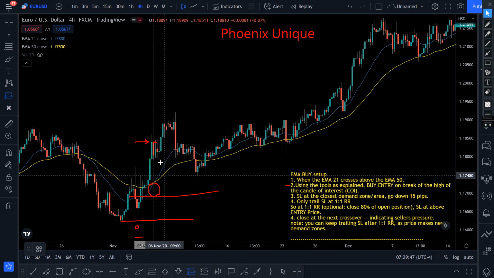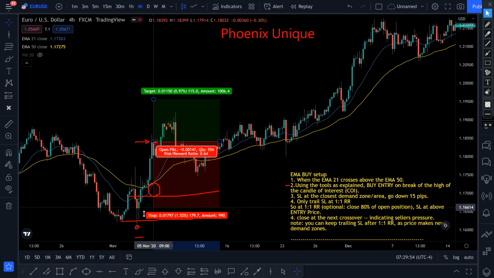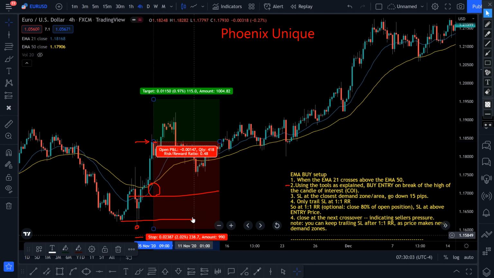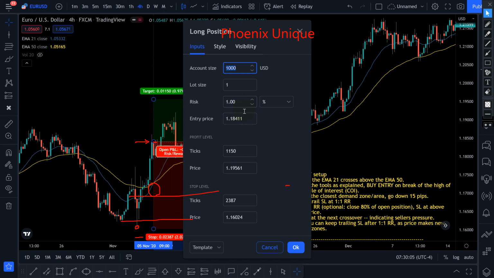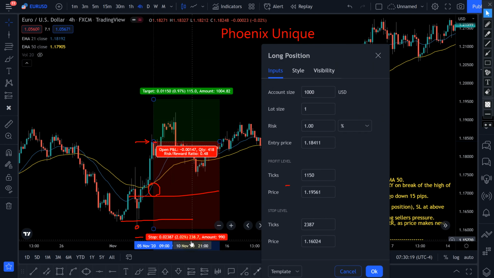For buys, our entry will be here on the break of the high. Stop loss, not here, not here, but down an additional 15 pips. So look at this point here. This is 238. Okay, 238. You do plus 15. To make it easier, because this can be tricky for some persons who are not confident with it, look at this very well.